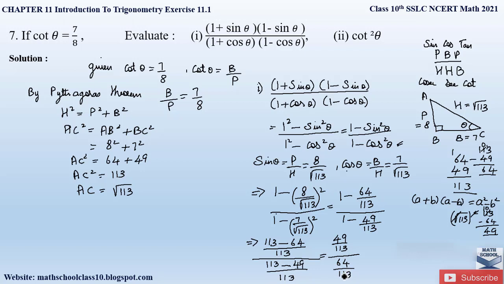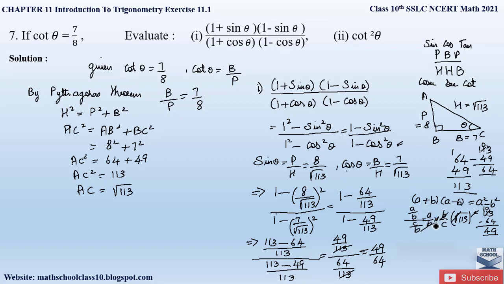So here we can cancel out the denominators in both the numerator and the denominator. So 113 will get cancelled and we will be left with 49 divided by 64. So how did we do this? For example, if you consider a by b the whole divided by c by b, so a by b into, when you bring this denominator to the numerator, it reciprocates, so we will get b by c.